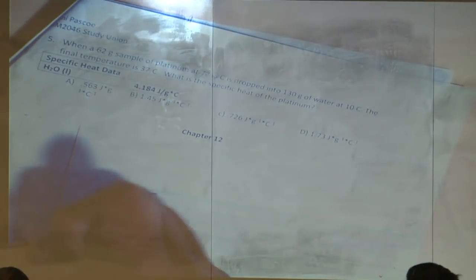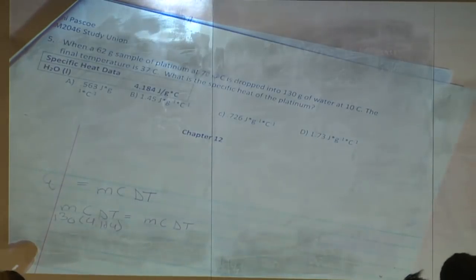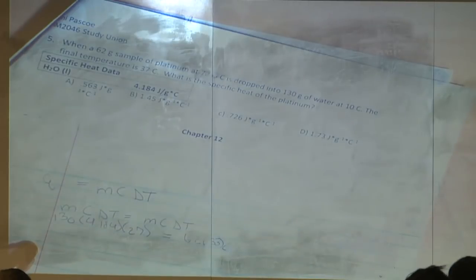So it's basically Q equals mcΔT, and then you can write mcΔT twice. So the mass of water is 130. Specific heat of water is 4.184. Change of temperature for water is 27. The mass of platinum is 62. The change of temperature for platinum is 33. All right.